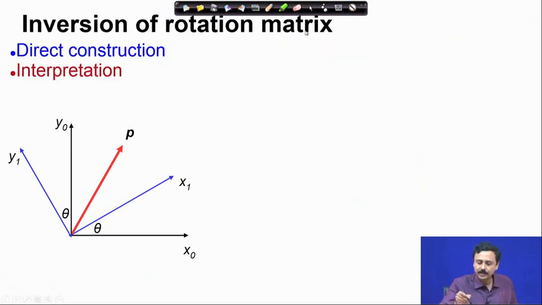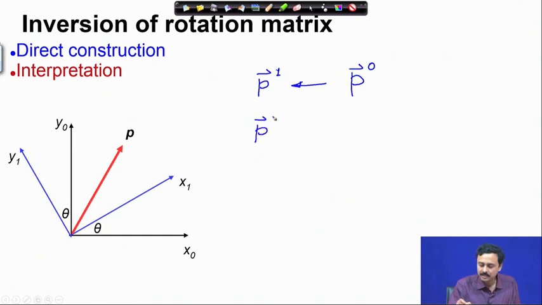Now, the inverse rotation matrix, which is to say that I have the representation of p in frame 0, and I would like to take it to frame 1. I want to represent the same vector p in frame 1.